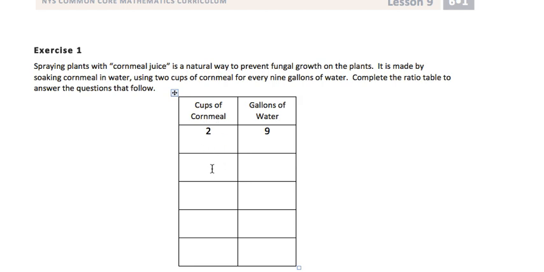So we're going to double it. 4 cups of cornmeal would be 18 gallons of water. We'll triple it. 6 cups of cornmeal would be 27 gallons of water. Times 4, 8 cups of cornmeal would be 36 gallons of water. And times 5, 10 cups of cornmeal would be 45 gallons of water.